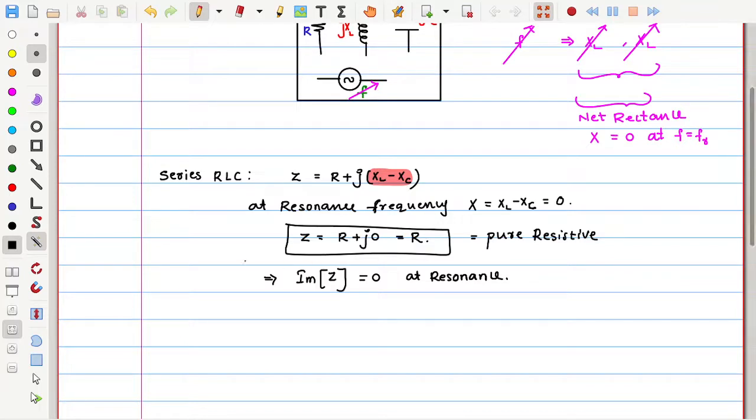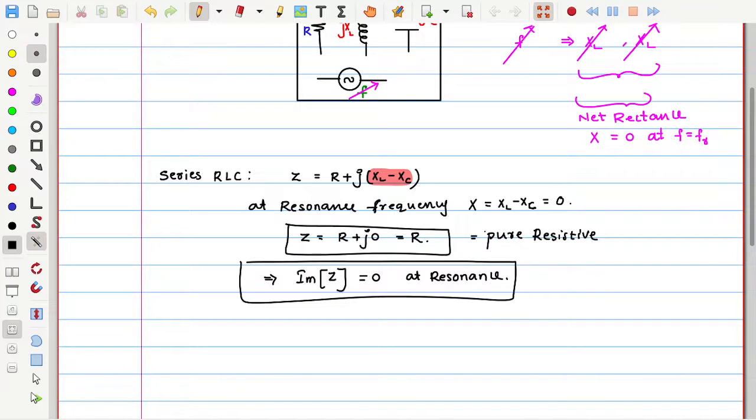This is one more important generalized statement: at resonance the imaginary part of the impedance is 0, which means the total reactance of the circuit is 0. If the total reactance is 0, then the net impedance will become purely resistive.